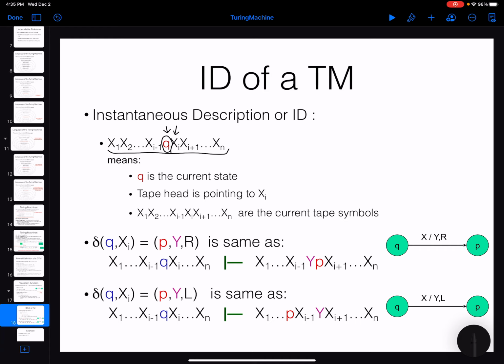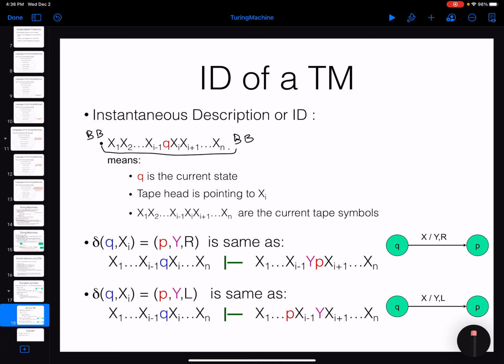And because we care about the content over the tape, we show the full content here. Before x1 there are going to be blanks, and after xn there are again blanks. You can go and write over those blanks, but if you write anything except the blank, it is going to be reported in the instantaneous description.